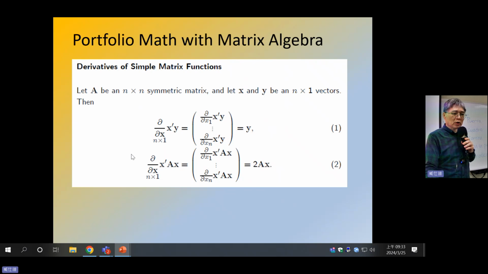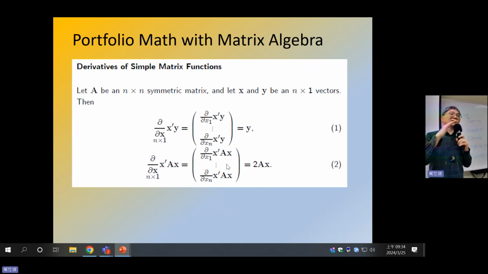This is a very simple equation for the derivative of a simple matrix function, because we will use this equation later in our optimization process. So this is about the derivative with respect to a vector.